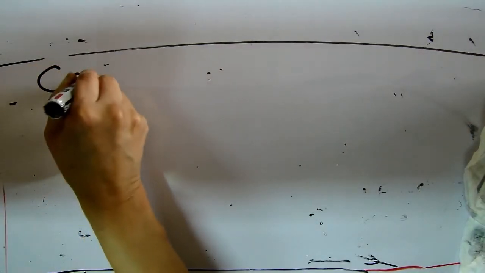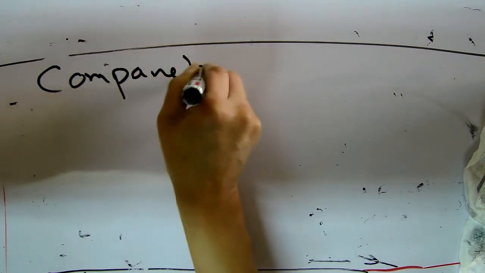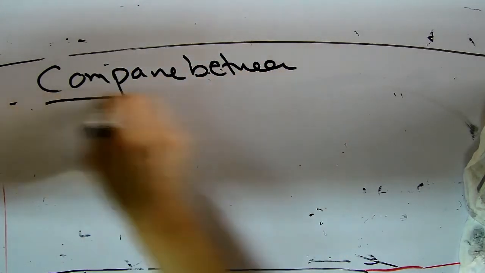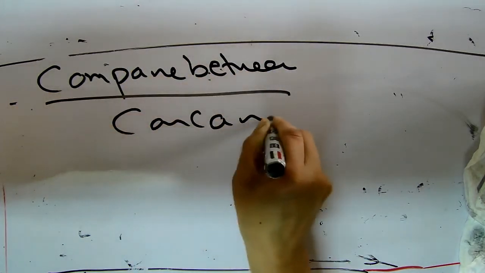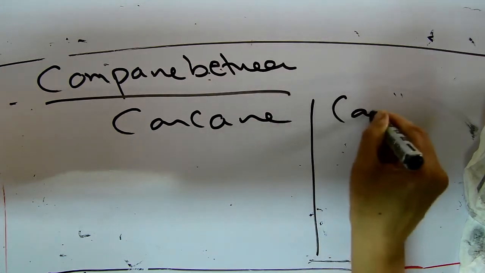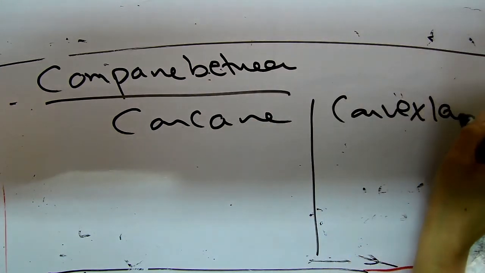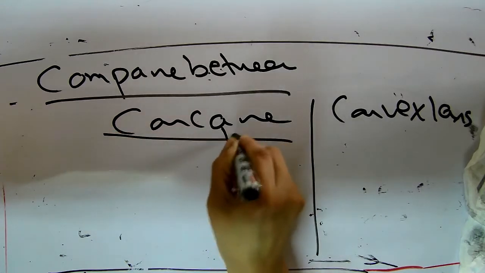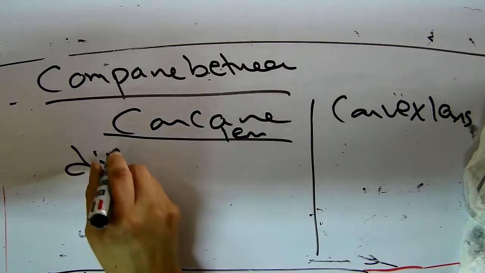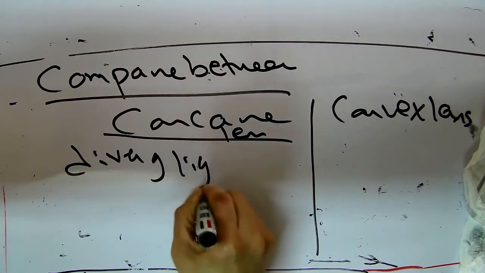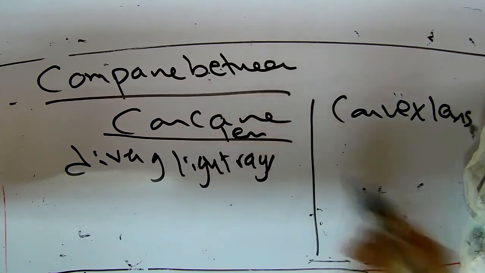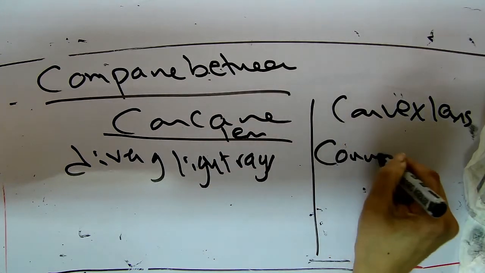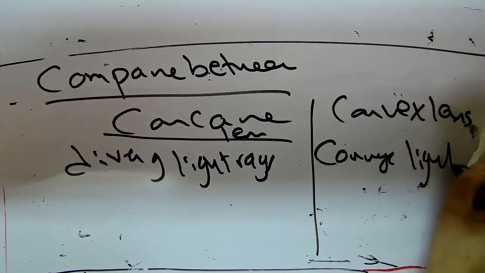Compare between concave lens and convex lens. Concave lens diverges light rays. Convex lens converges light rays.